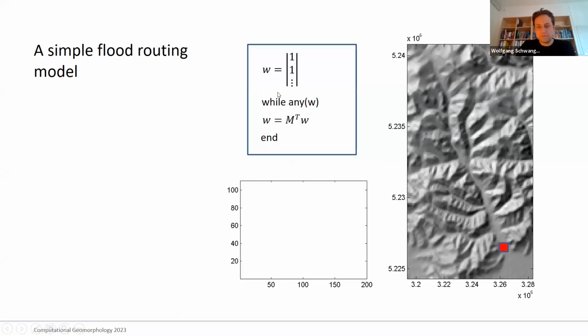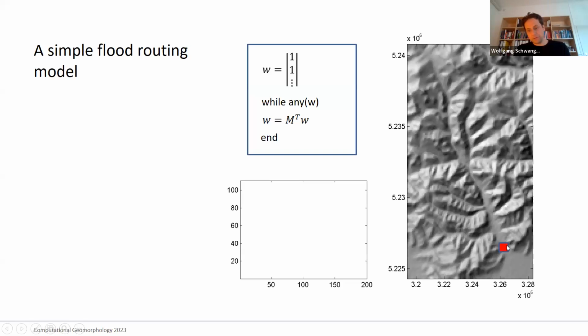And then we could perform the following code: while there is any water left on the grid, just multiply the transpose of this transfer matrix times the water available in the grid, and just update this grid of the water.